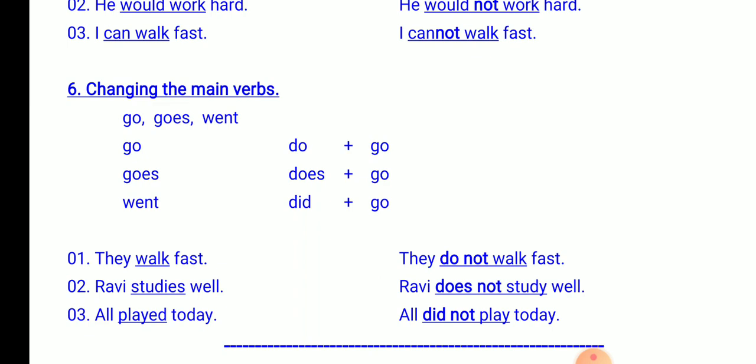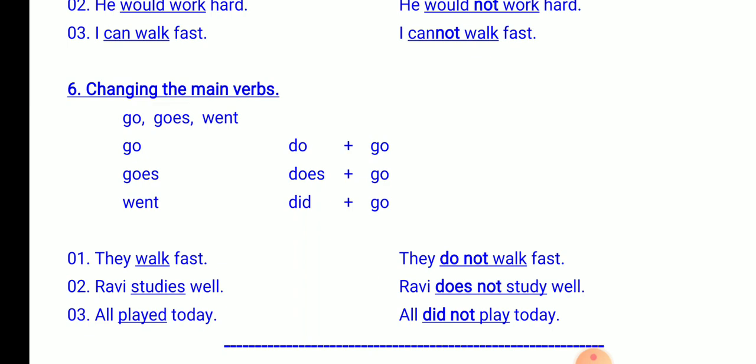Now, let us see how we can change these main verbs into negative. I have given 3 verbs, go, goes, went. Take the first verb, go. How do you change it into negative?